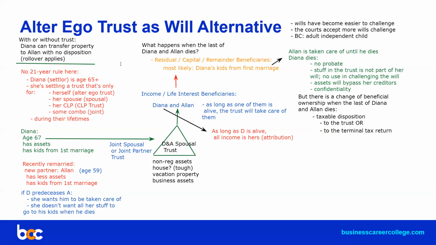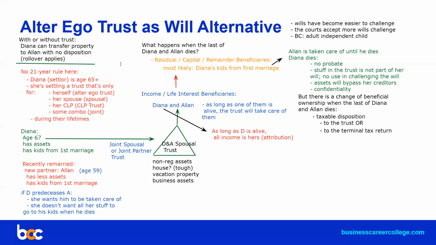So specifically, nobody really contemplated this trust as a way to bypass probate. That was never the intention. Okay. The real intention here, from a policy perspective, is a trust that reduces the likelihood of elder abuse. That's really what the policy reason for these age 65 plus trusts is. Here's how the policymakers envisioned this. They said, I've got Diana, she's 67. She's now getting into this territory where she's more likely to be victim to an elder abuse or an investment scam or whatever the case is.